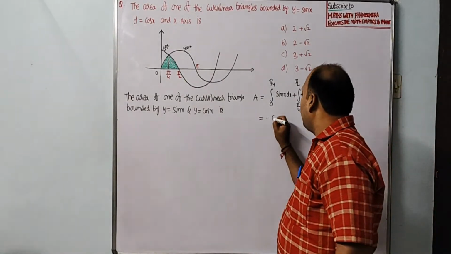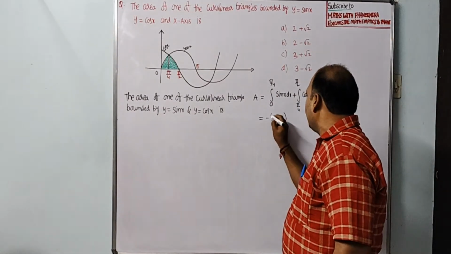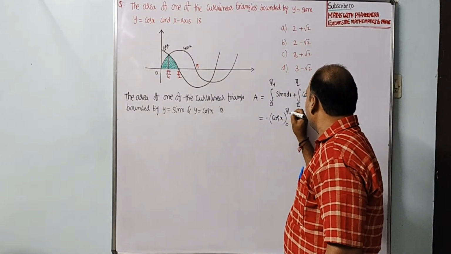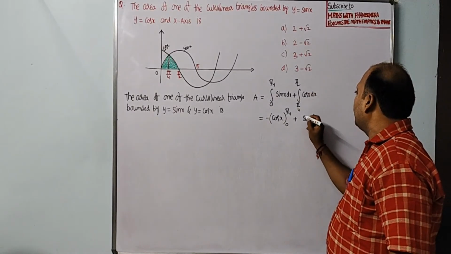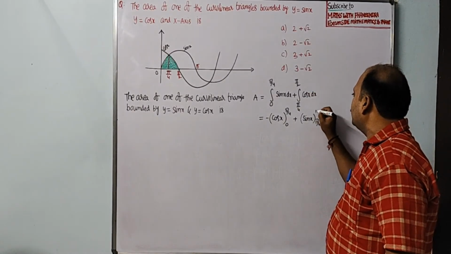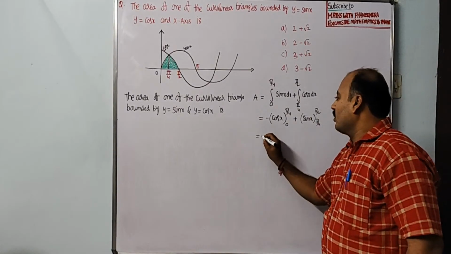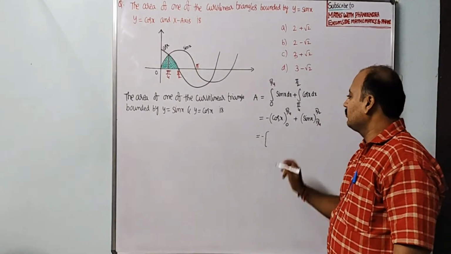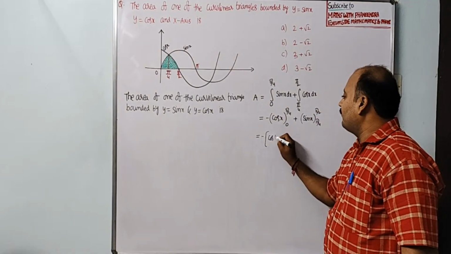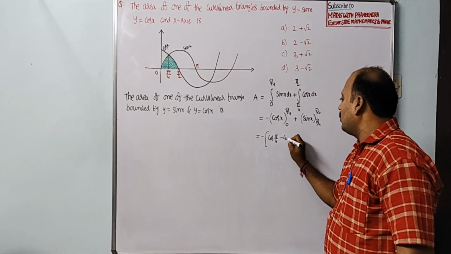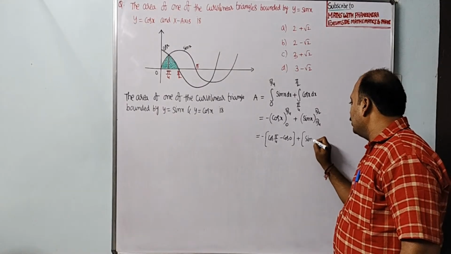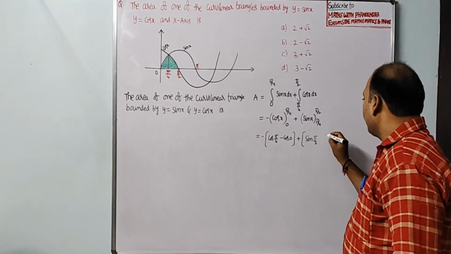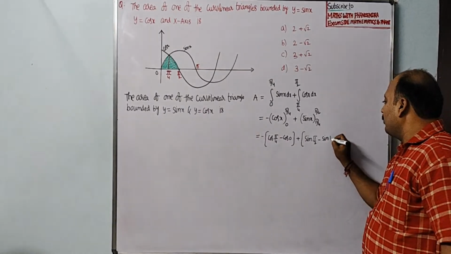Integral of sin x is minus cos x, applying the limits 0 to pi by 4. Integral of cos x is sin x, applying the limits pi by 4 to pi by 2. Minus cos pi by 4 minus cos 0 plus sin pi by 2 minus sin pi by 4.